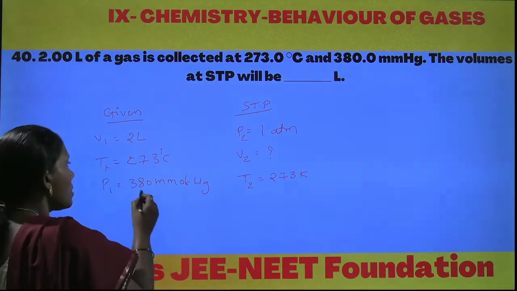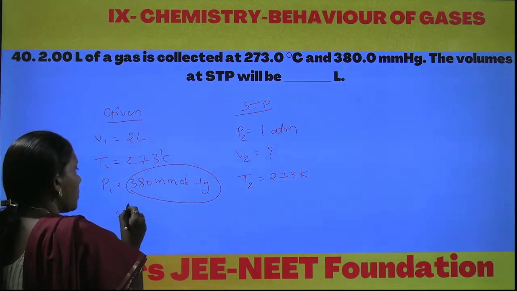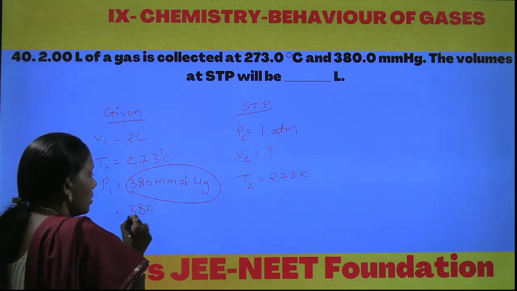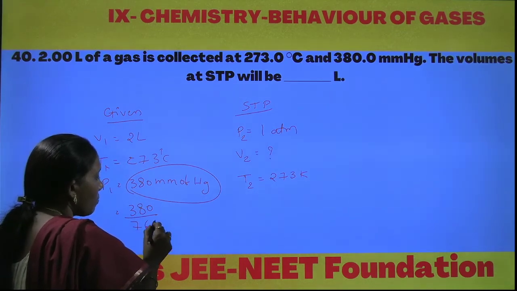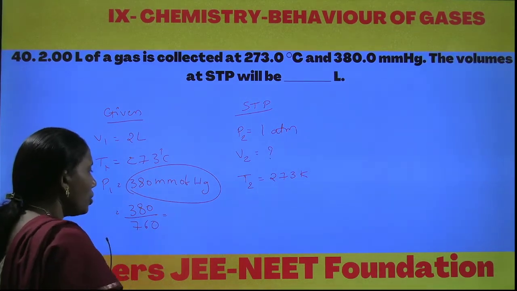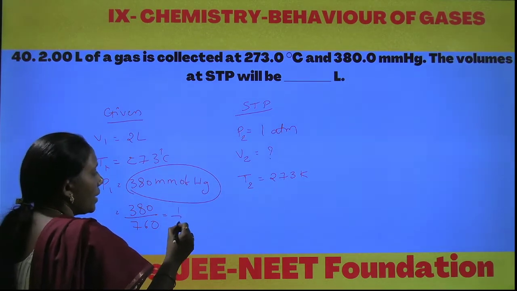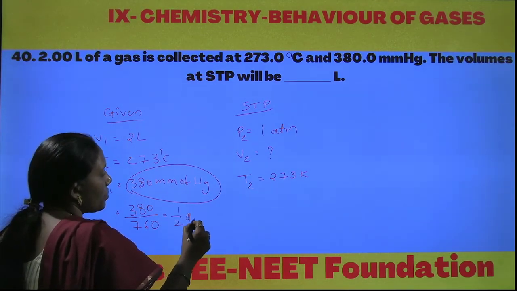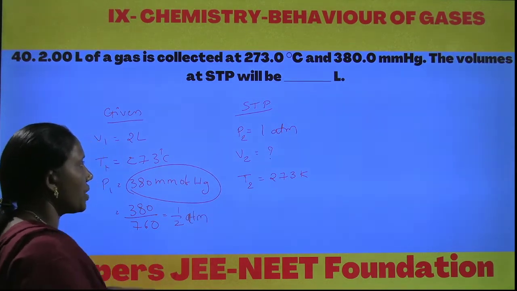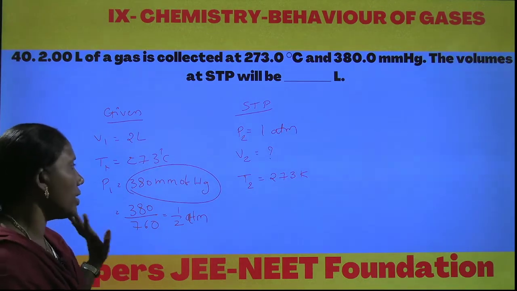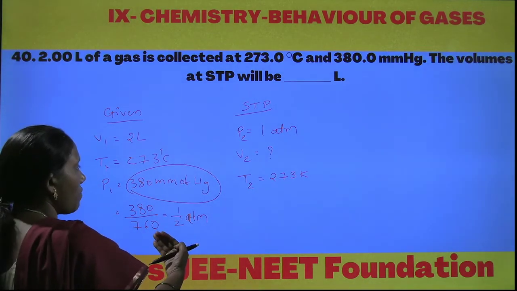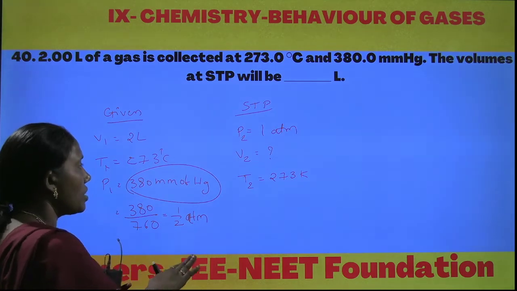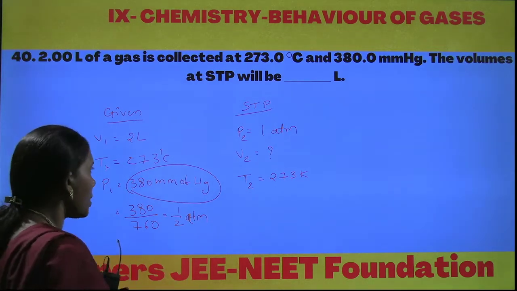Otherwise, you just convert this P1, just divide with 760. Then you will get 1 by 2 atmospheres, half atmosphere. If you divide with 760, then mm of Hg will be converted into atmospheres.